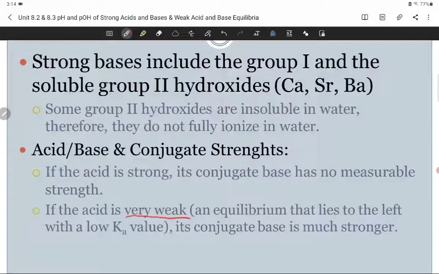If the acid's very weak, meaning that the left to right action is not very significant, the right to left action is much more significant, it does not dissociate, or very little does it dissociate.